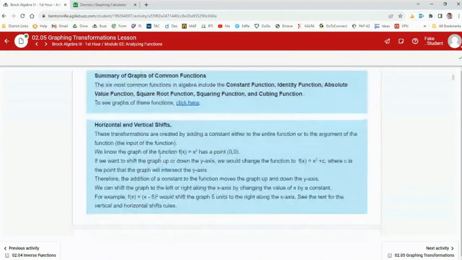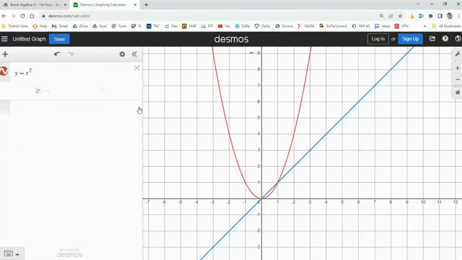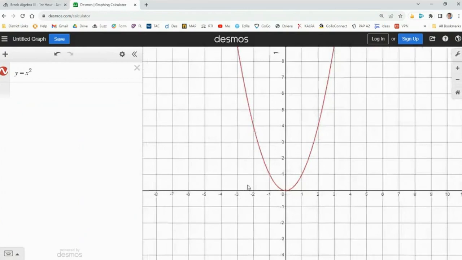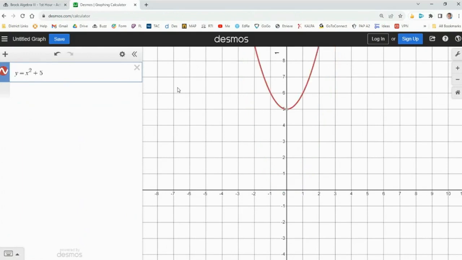So let's talk about horizontal and vertical shifts. All right. So let's just use the graph we have here. If we want this to go up and down, and this should be kind of a reminder for you because I know you've covered this in other algebra classes, all we have to do is put something on the end. If I want it to go up 5, plus 5. It goes after the equation, after the x squared. That works the same way on, let's say, y equals x.